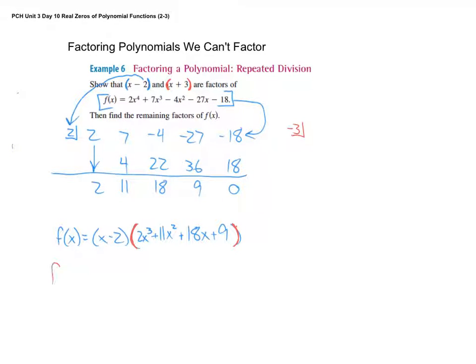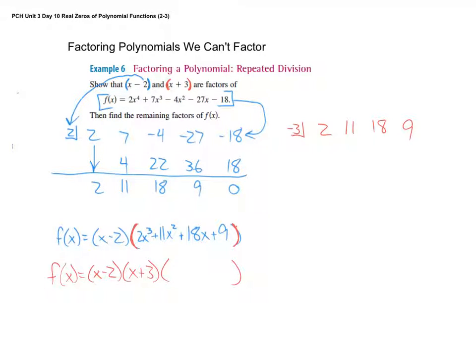So that I can write f of x as x minus 2 times x plus 3 times something. So I'm going to use 2, 11, 18, and 9, not the original coefficients, because that wouldn't really help me.